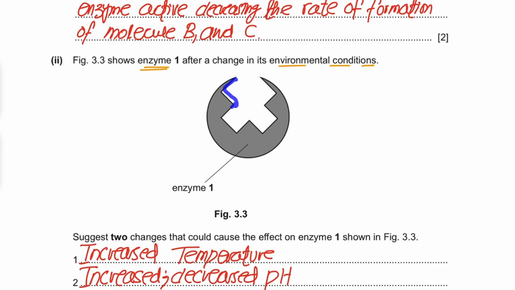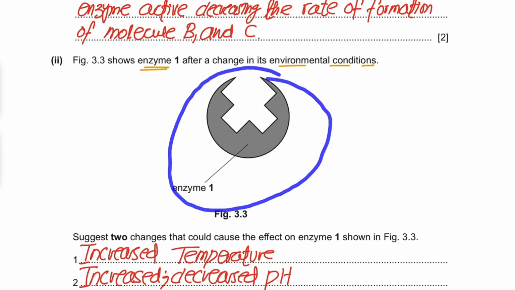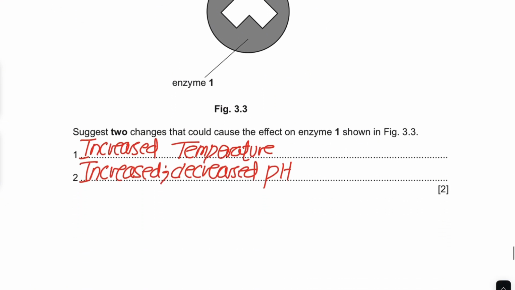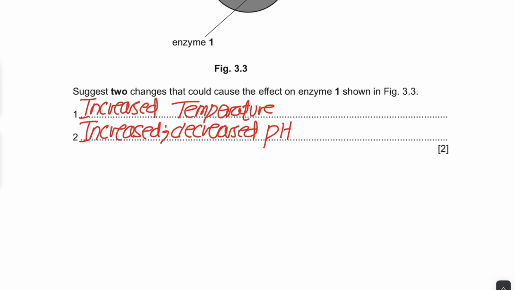Now, since the shape of the enzyme's active site is being greatly changed, you would write increased temperature could be a cause, or you could say that we have changed the pH from the optimum value, and that is why when the pH is increased beyond the optimum or decreased below the optimum, that increase or decrease in the pH is changing the shape of the enzyme 1.